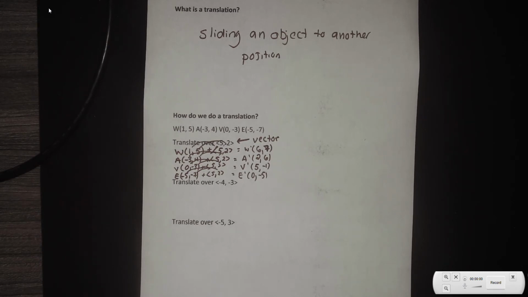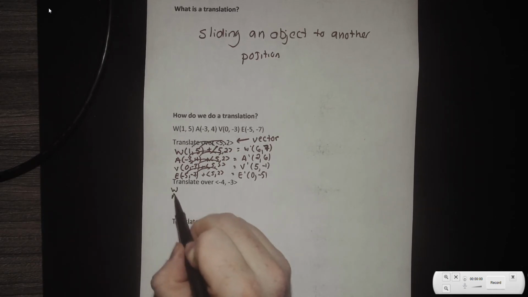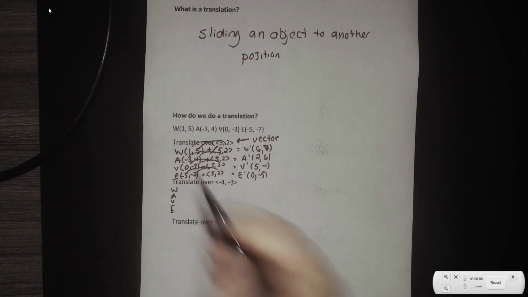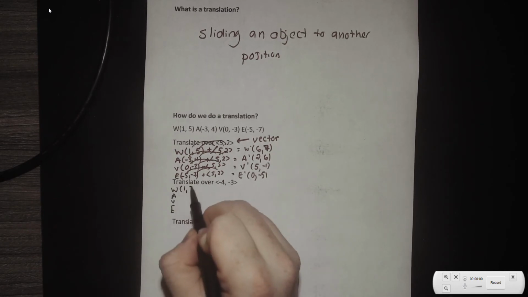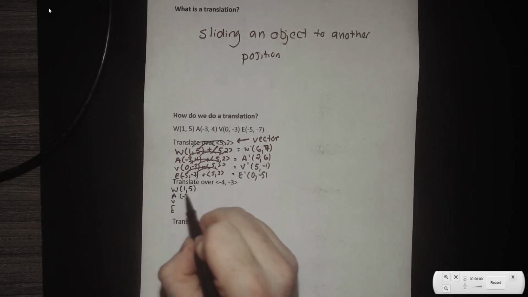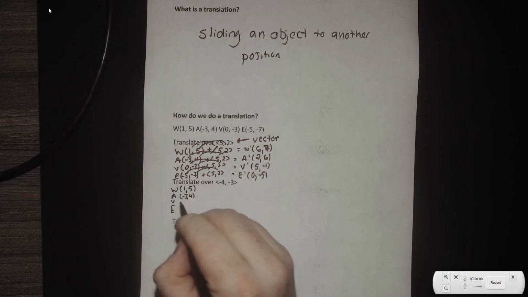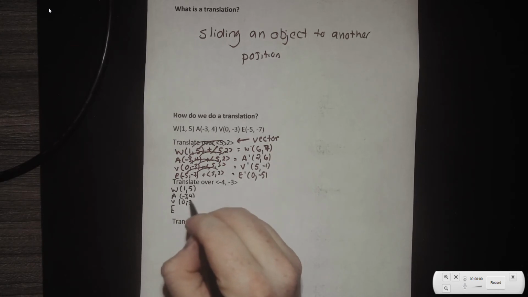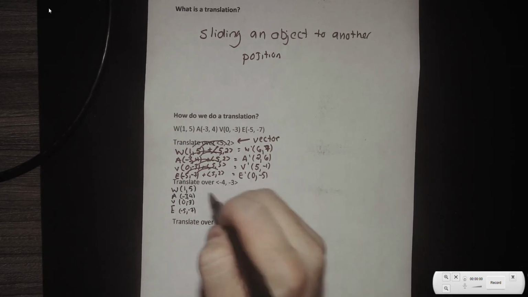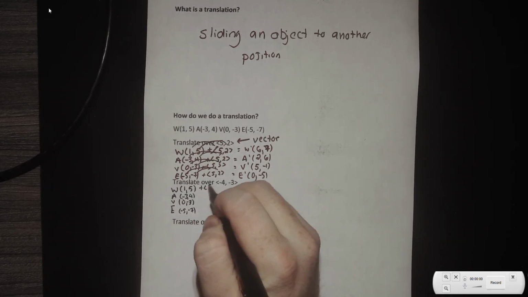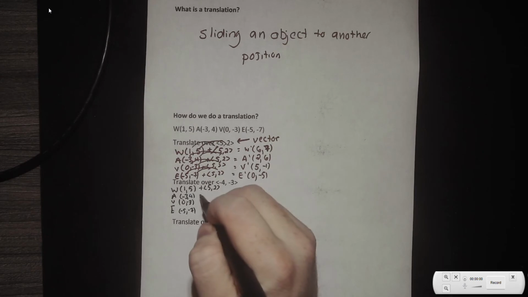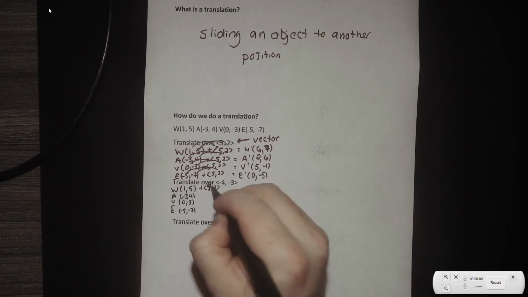Okay. Same thing. Oops, my vector now is 4, -3.